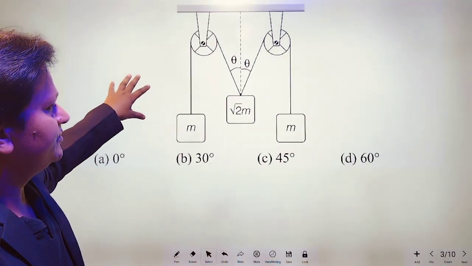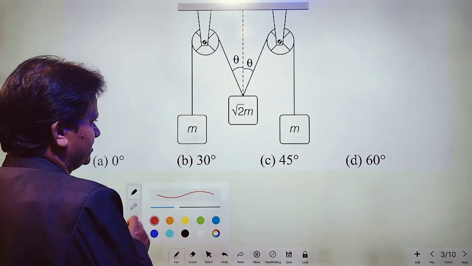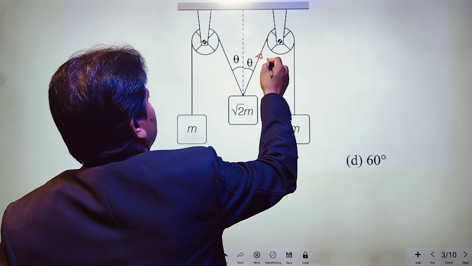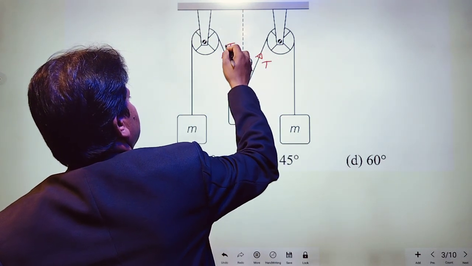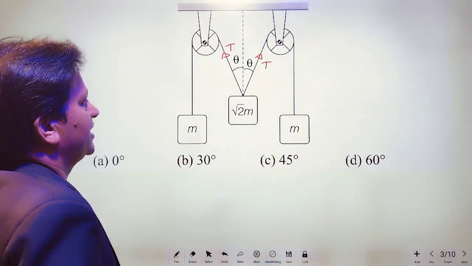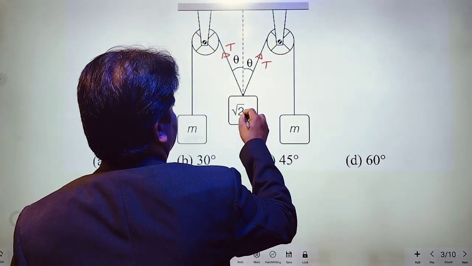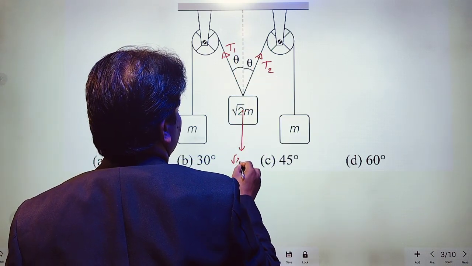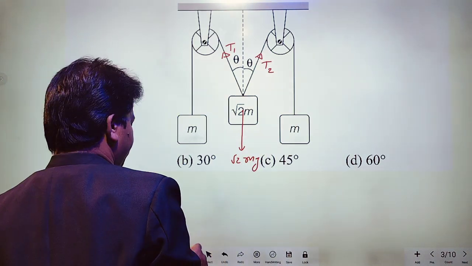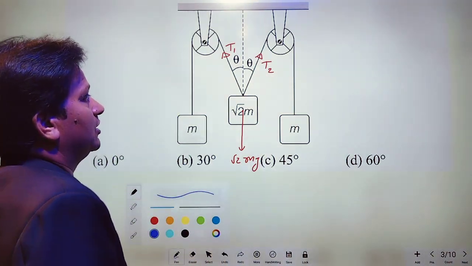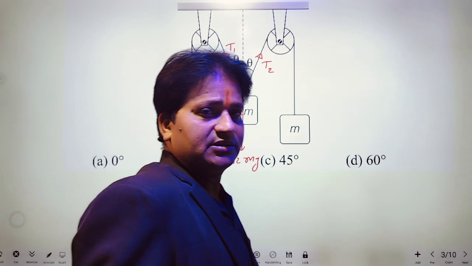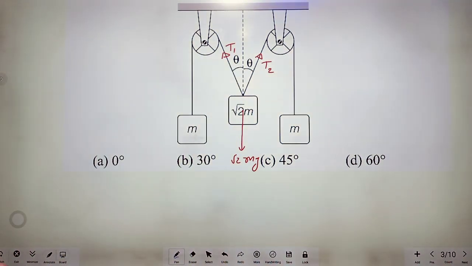The system is in equilibrium, which means the net force acting on the system will be equal to 0. This is T, this is T, this is T1 and this is T2, and this is root 2 mg. First of all, some forces are in the horizontal or vertical direction.